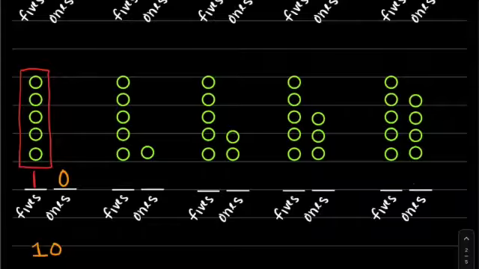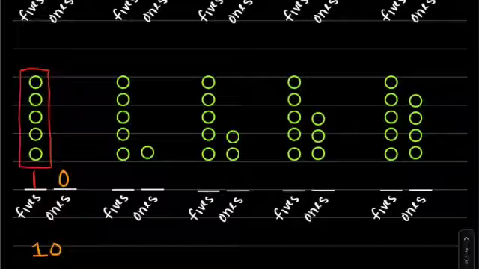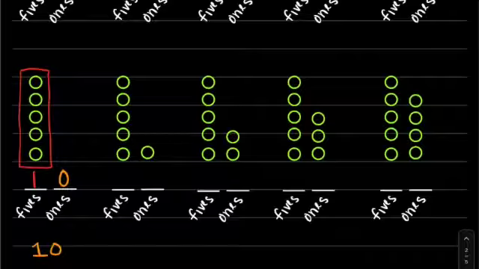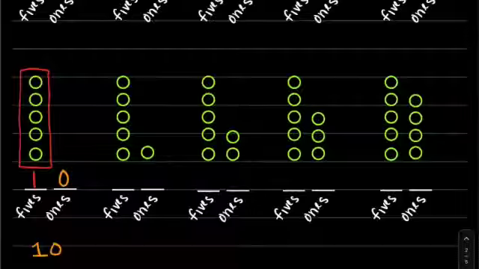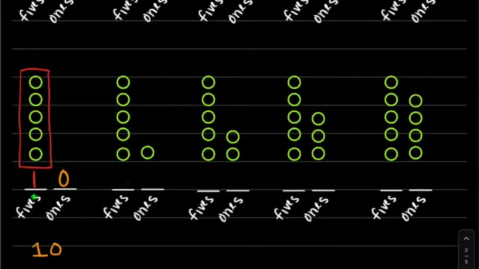And this should look familiar, right? Because we use this in our number system. We call this number 10 in our base 10 system, which also means one group of 10 and 0 ones. Well, in base 5, it represents one group of 5 and 0 ones.